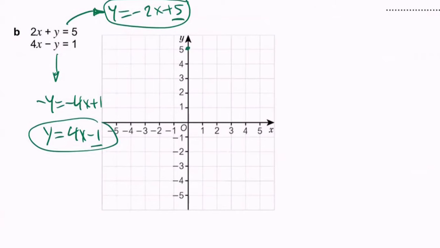So let us do 2. Negative 2 times 2 is negative 4, plus 5 means 1. So you have one point, which is 2 and 1. This lies on the first line, so now we can draw this line like this.